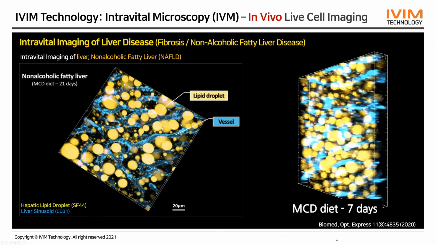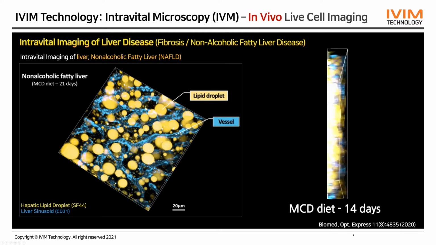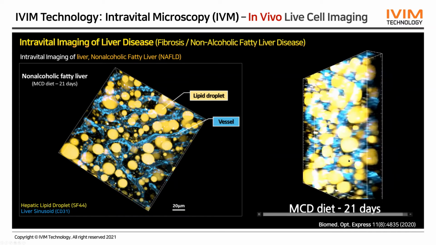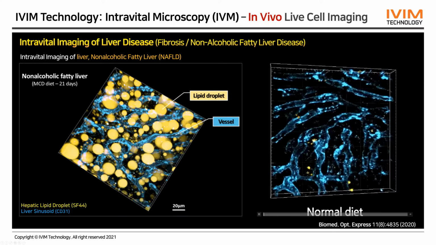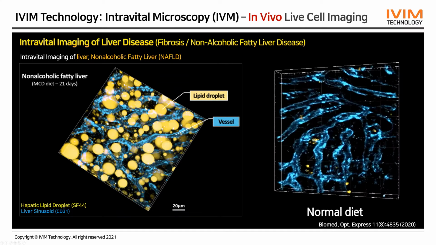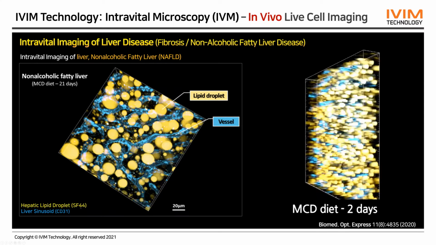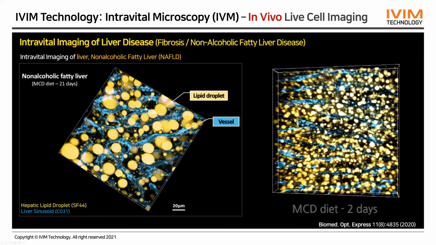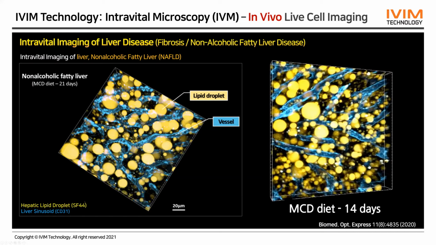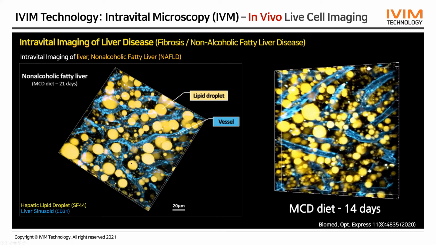And then, with the continuation of this MCD diet, we can see the increase of lipid droplet size in the liver of the live animal model. In this example, the lipid droplets are fluorescently labeled using SF44, a lipid droplet specific fluorophore, which was intravenously injected right before the imaging.